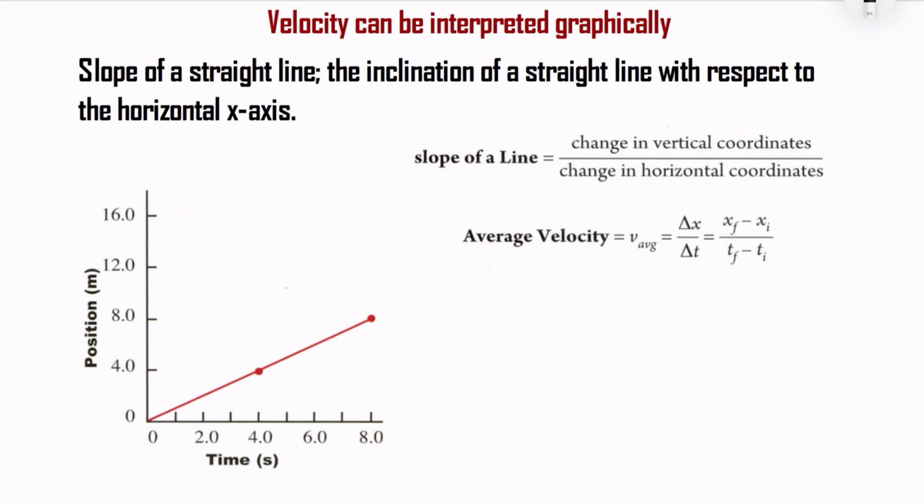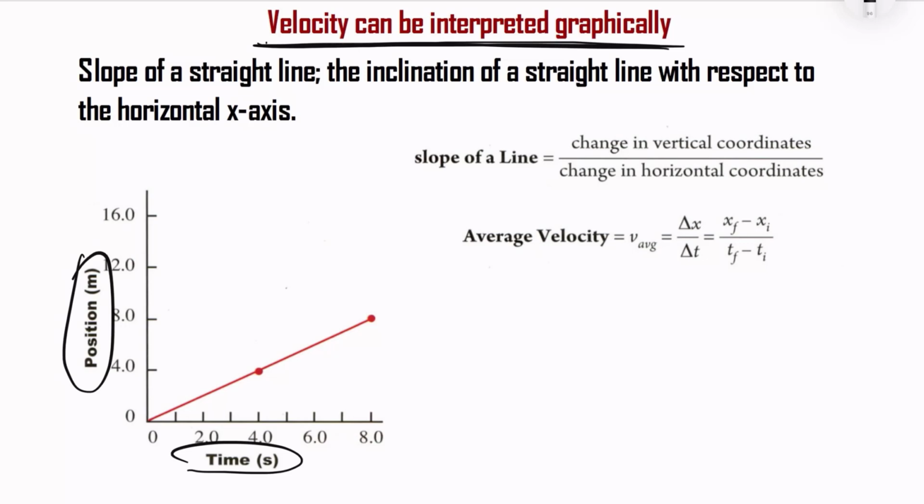Now we will discuss how velocity can be described by graphs. So here we have a graph. The vertical axis gives us information about the position, and the horizontal axis gives us information about the time. According to this graph, we are going to calculate the average velocity of the car at any point.